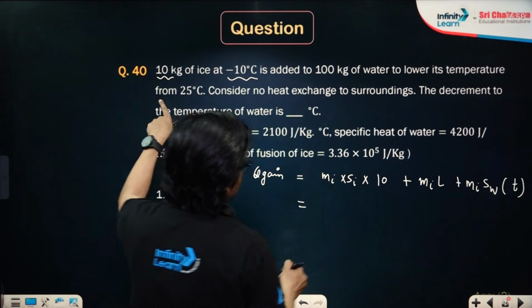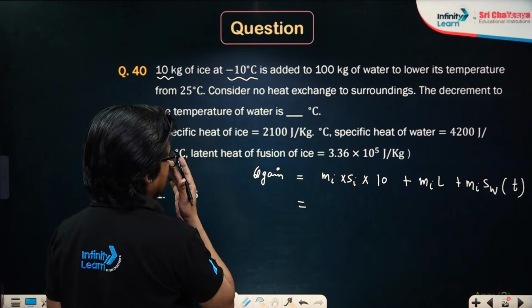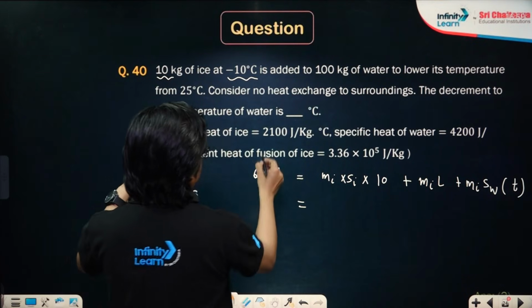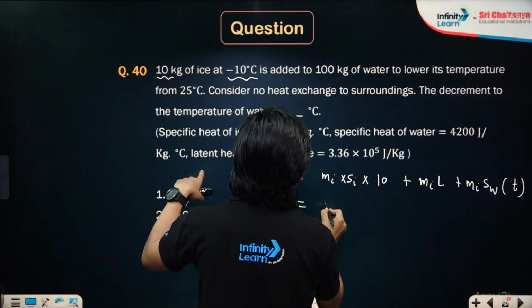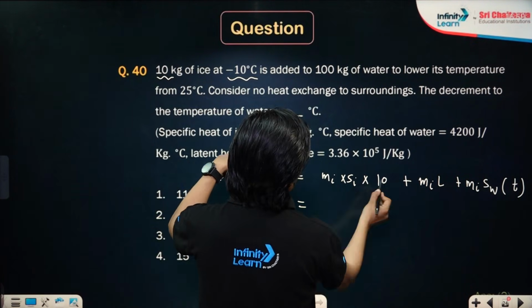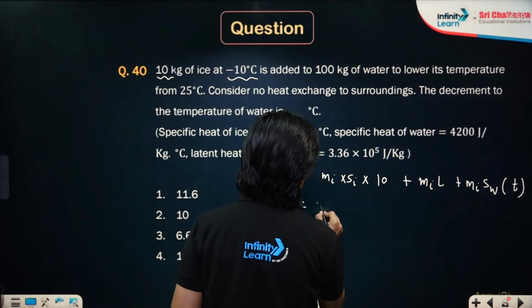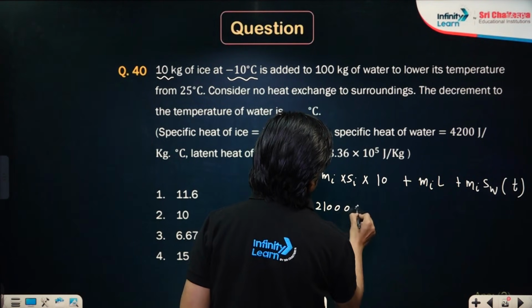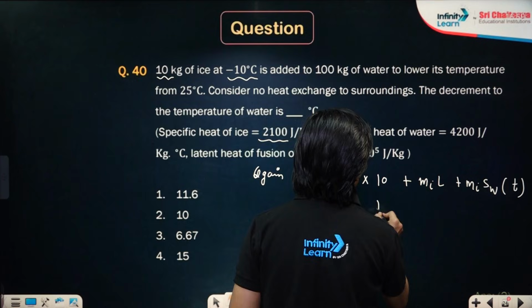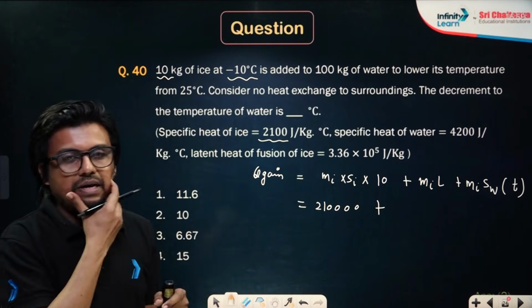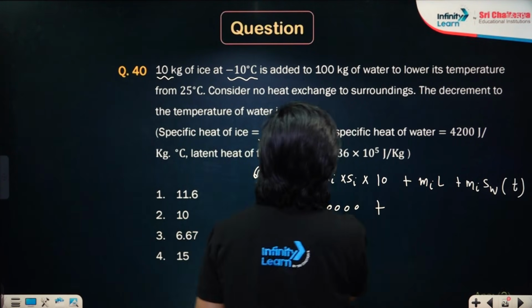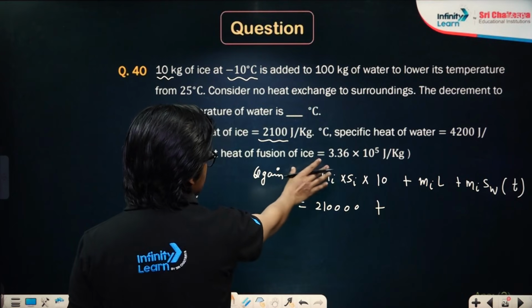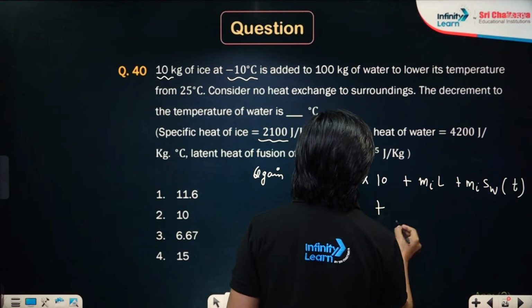Mi, that is just 10. So 10 into SI, where is that SI? Specific heat of ice, 2100. So I can write here 10 into 10, that is 100 into 2100. Plus Mi, that is 10 kilogram, and the latent heat of fusion of ice is 3.36 into 10 raised to the power 5.